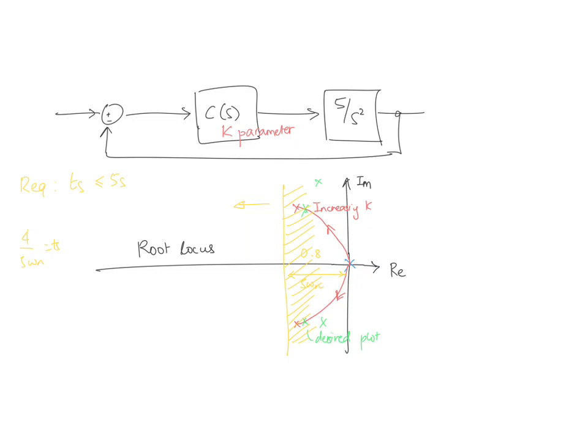Similarly, if somebody told you that the required peak overshoot, Mp, was, let's say, 10%, which would give you a required zeta, it works out to around 0.83 or something like that. That means you would plot a couple of straight lines that correspond to zeta equals 0.83, like I said before.